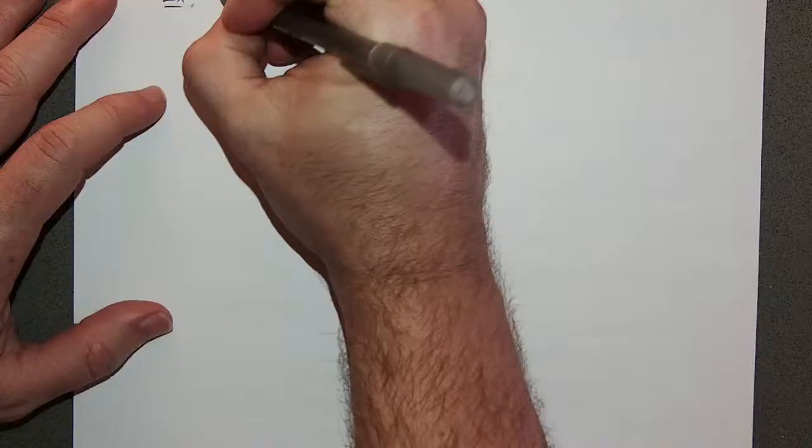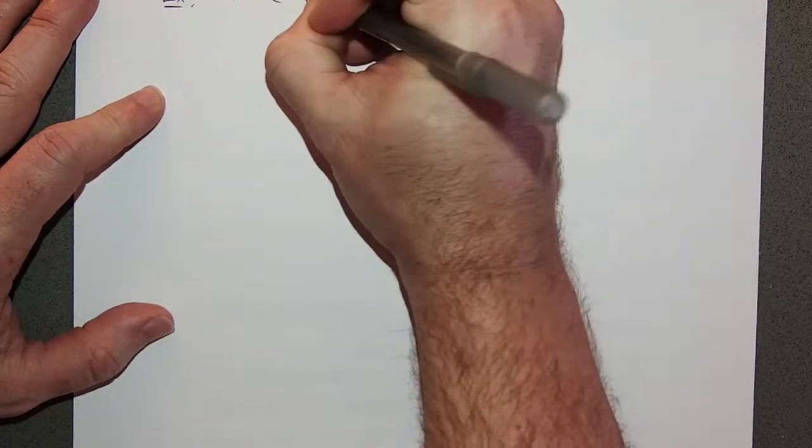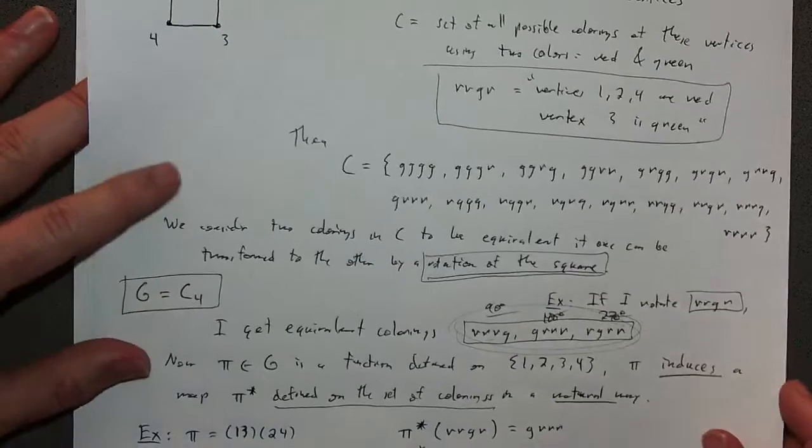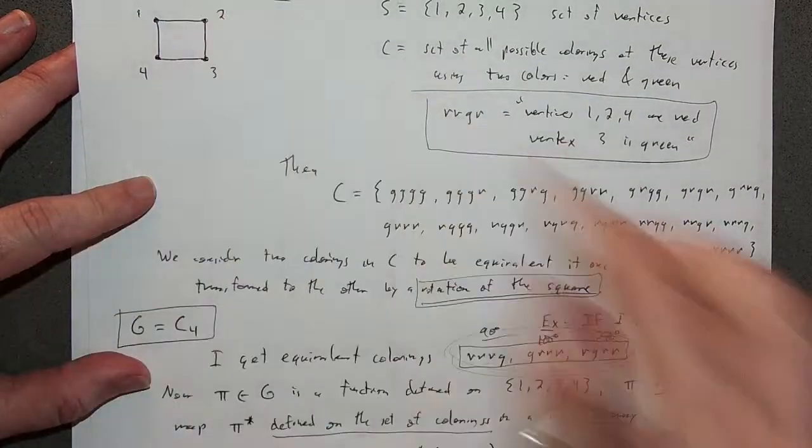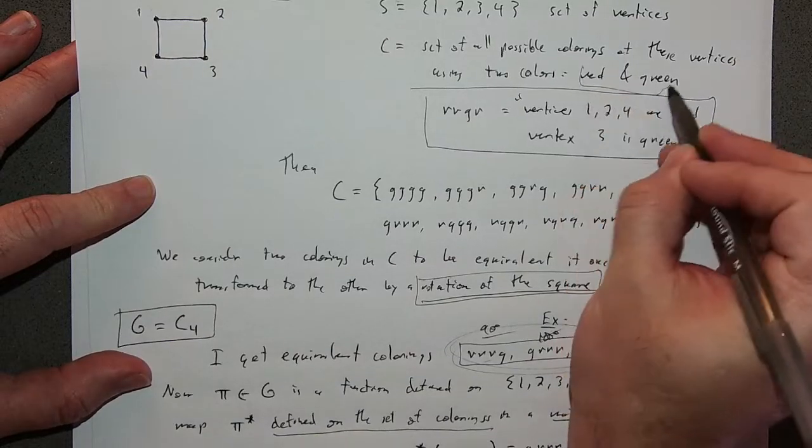Let's do an example here using the same C. When I say let C be as before, I'm not going to rewrite this, but this is our example of the 4-beaded necklace with colors red and green.